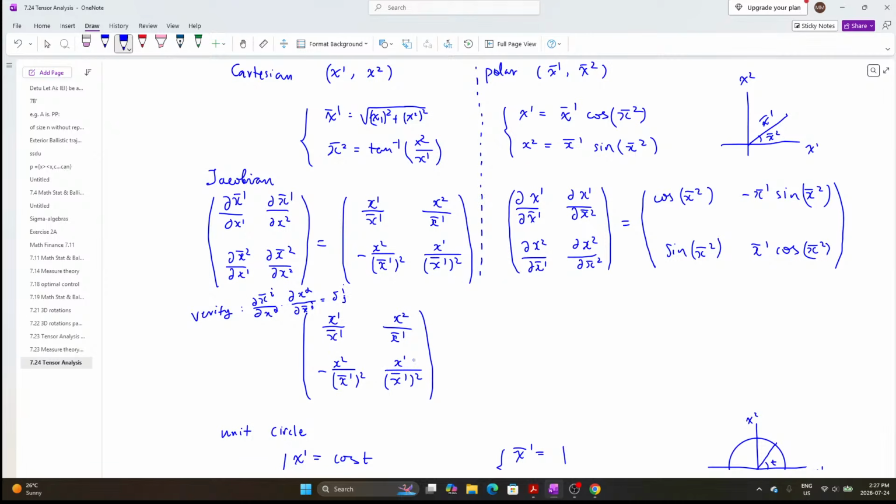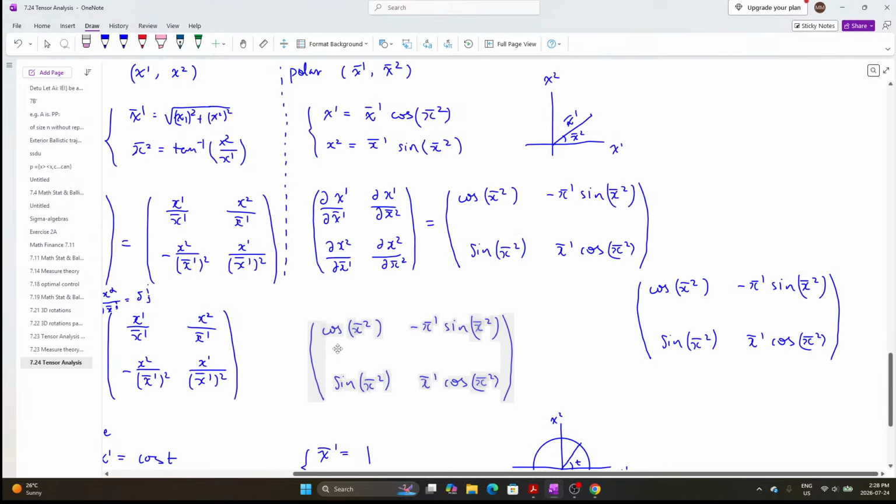Basically, you should get an identity. Okay, so here, all right, do the matrix multiplication. There you go.